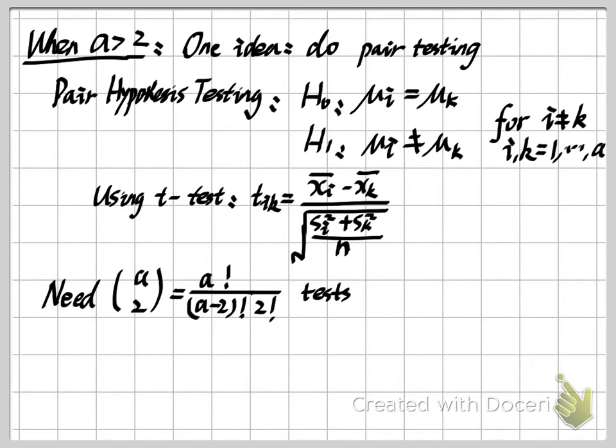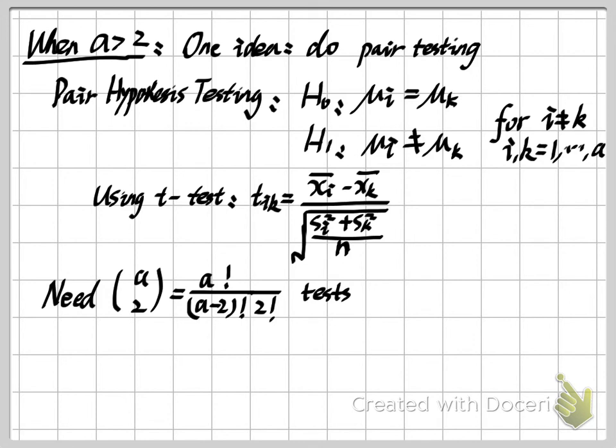Also, in the lectures about hypothesis tests, we talked about type 1 error and type 2 error. If we have so many pairs of hypothesis tests, then we talk about the experiment-wise error rate, which means we combine all of the type 1 errors together for all of the tests.